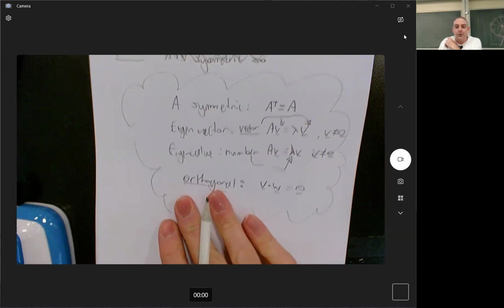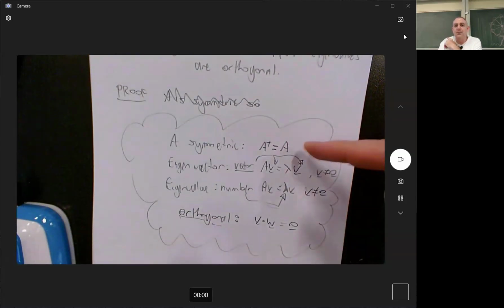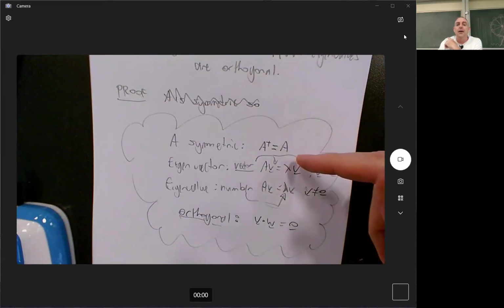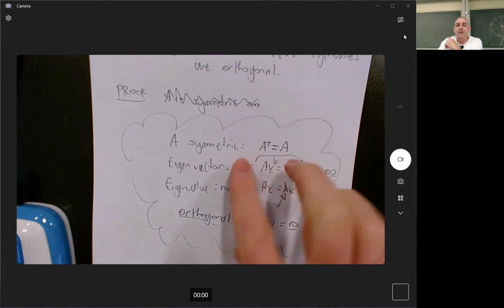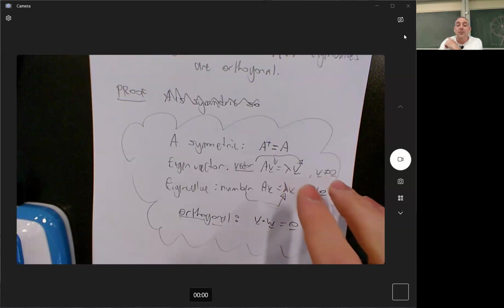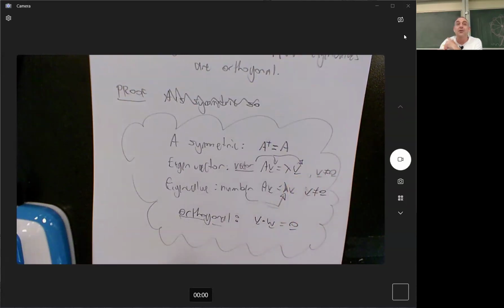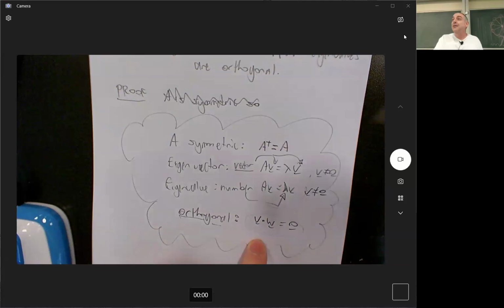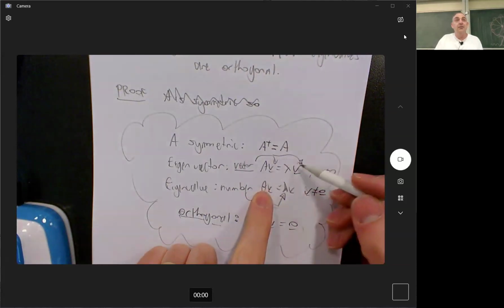So what we would like to do is start with a symmetric matrix, think about eigenvectors that have different eigenvalues, and somehow prove that for those two eigenvectors with different eigenvalues, the dot product is zero. So this is telling me a little bit of the shape of my proof. I want to make a statement like this at the end, that V dot W is zero, which means I need to tell my reader what V and W are, and they are going to be eigenvectors.